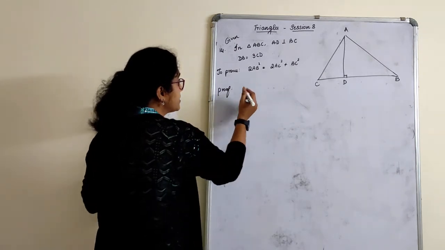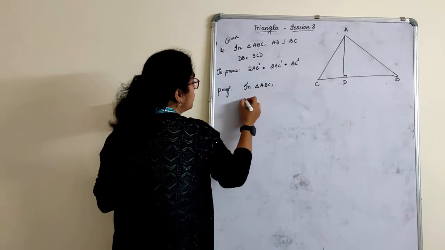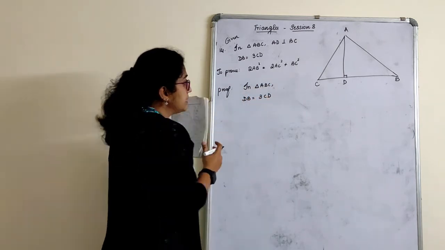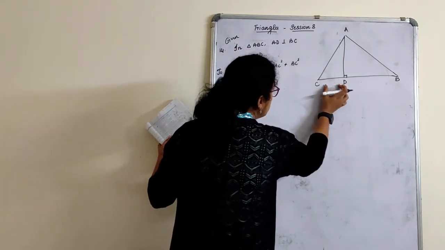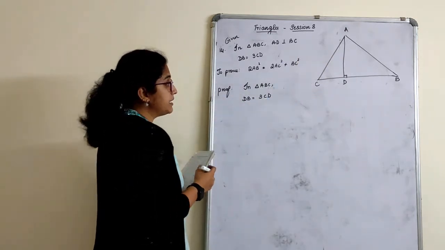Okay. Again, we'll start from the same thing. In triangle ABC, what have they given? DB is equal to 3 times CD. Keep this as it is. If I add this 3 times, I am going to get DB.